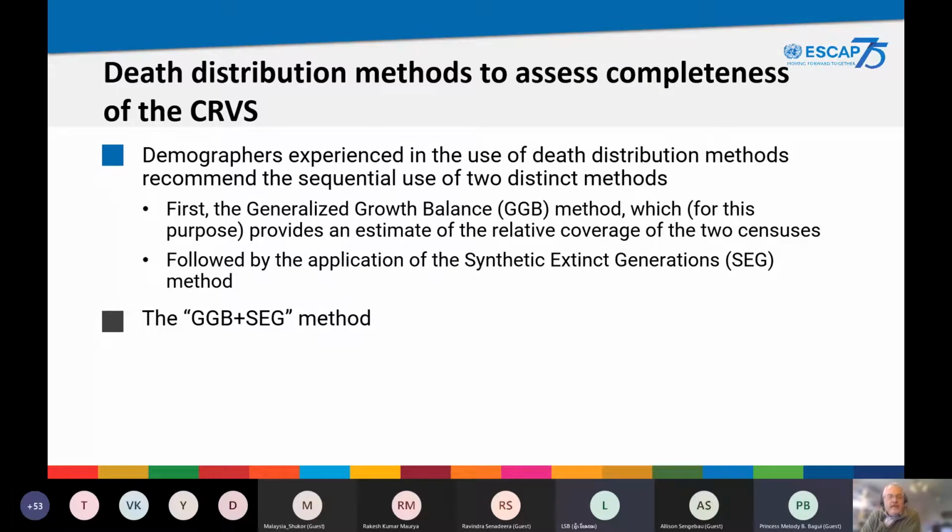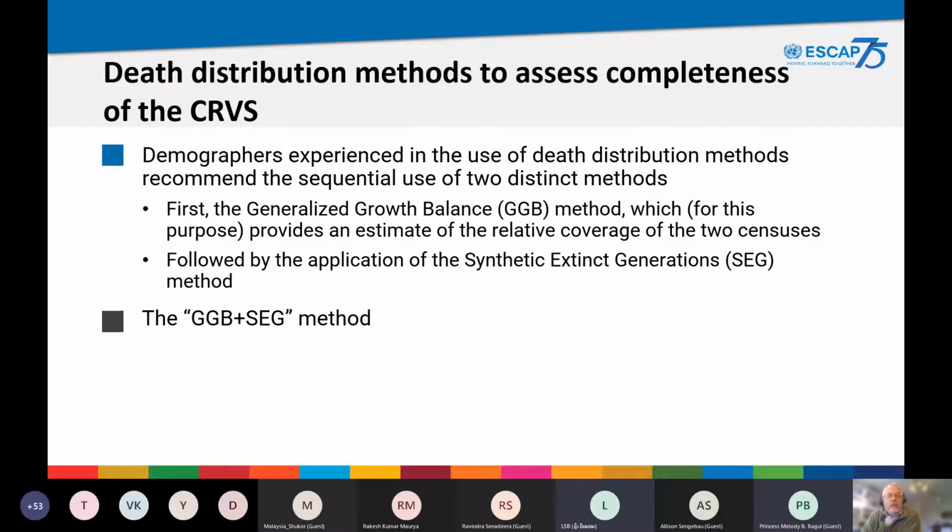And what is recommended is firstly to apply one of the methods, which is called the generalized growth balance or GGB method, which for this purpose of the exercise will provide an estimate of the relative coverage of the two censuses. You can imagine that if you've got two censuses at two different points in time, the coverage, the proportion of the population actually covered by those censuses might not be the same.